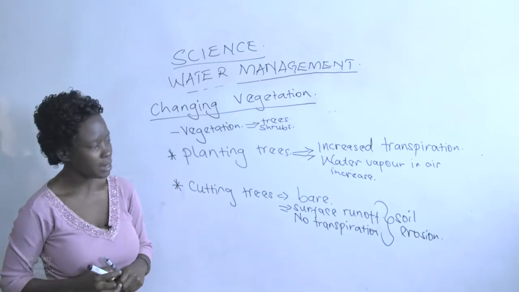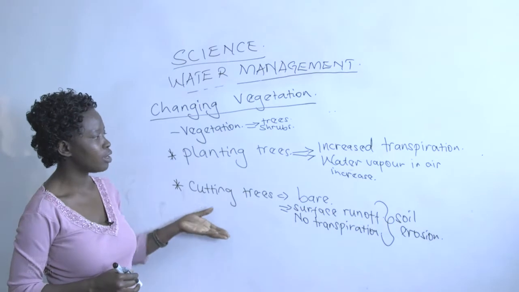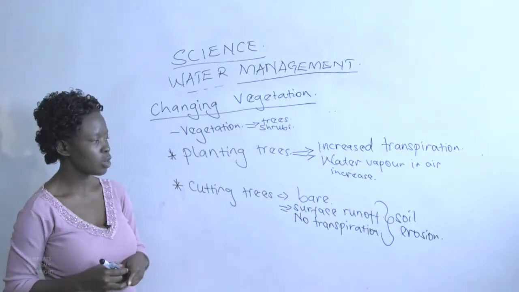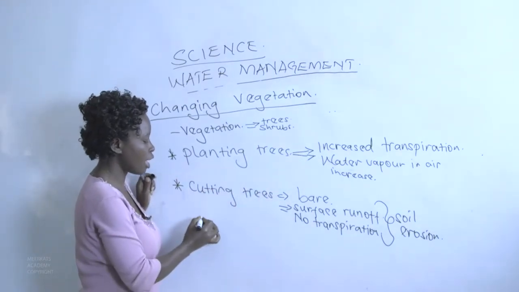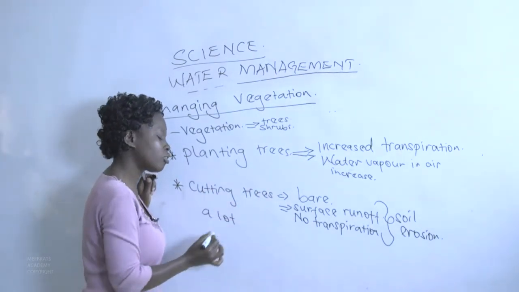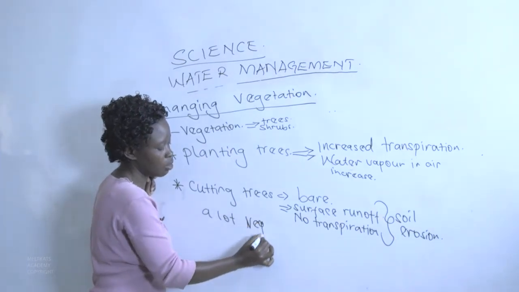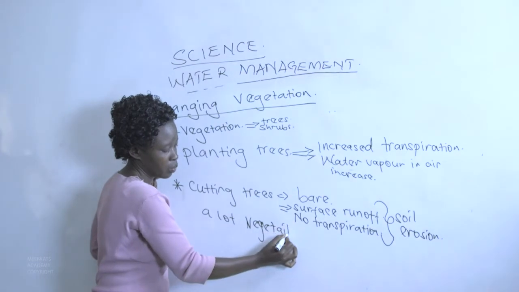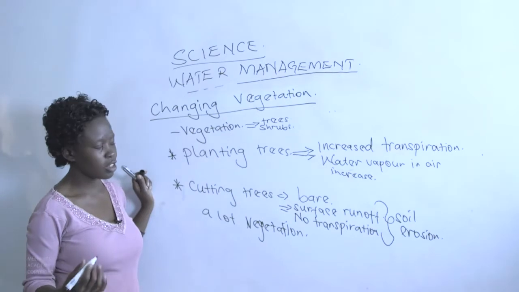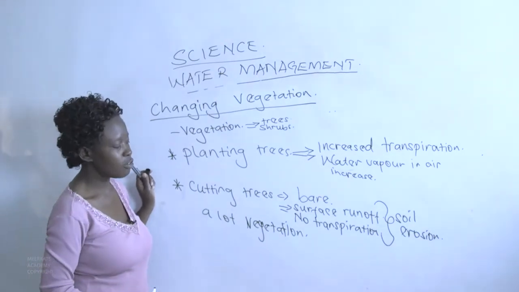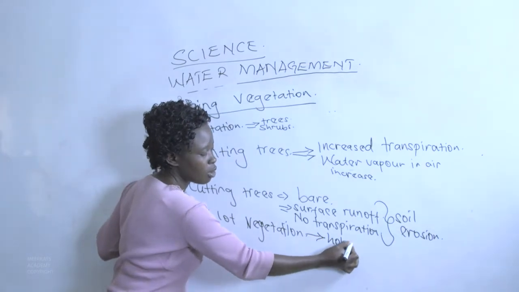So what is happening is this: a region where a person decides to plant a lot of vegetation will hence encourage that region to have a lot of vegetation. If there is a lot of vegetation in a region, then when rain falls, this vegetation will hold the water for a long time.